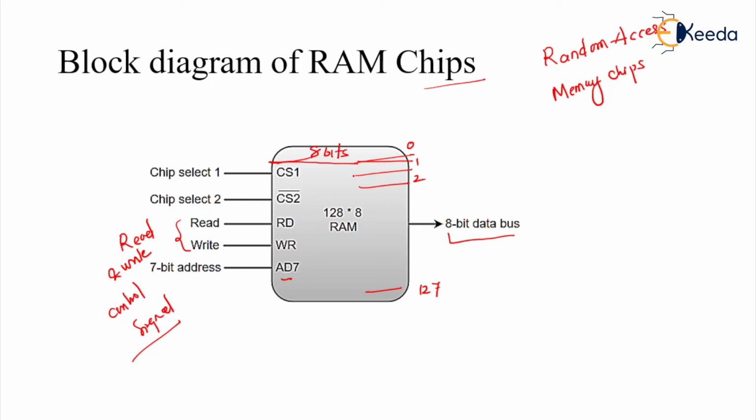So to perform a read or write operation, you either give the chip select 1 or the active low chip select. You give the address, send the control signal, read or write, and the 8-bit data will be on the data bus.